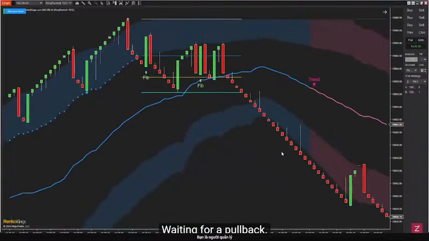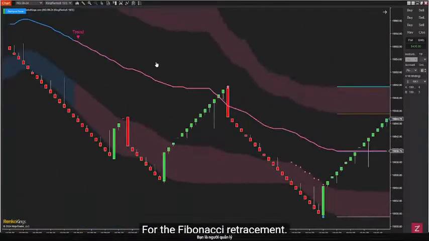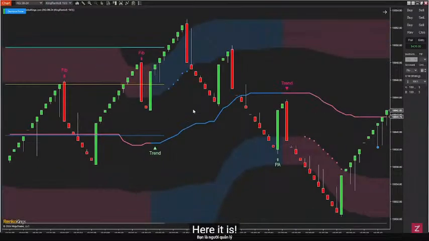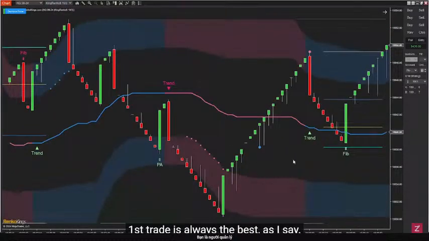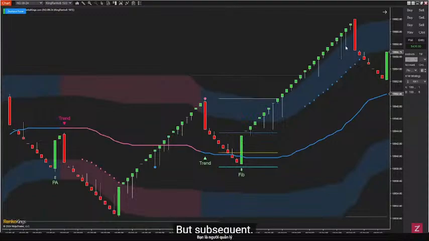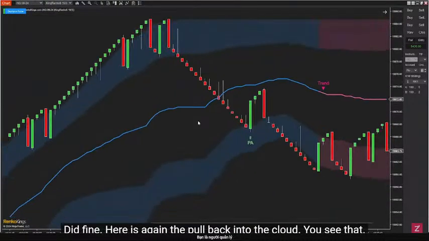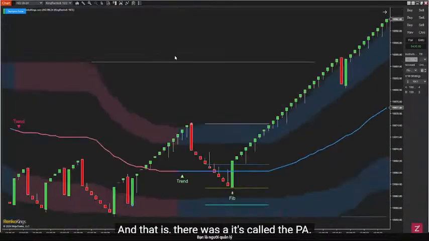This one is, no, not enough. This is good. This is not. And now getting toward the end of the day here. Fibonacci long. Wow. Again, the PA into the cloud. Fibonacci long.